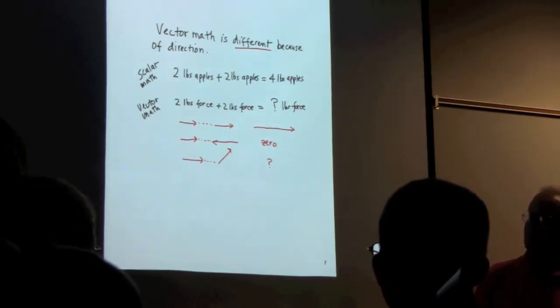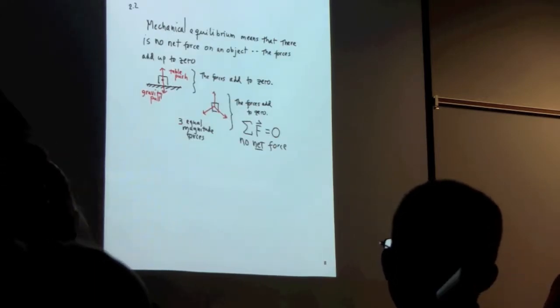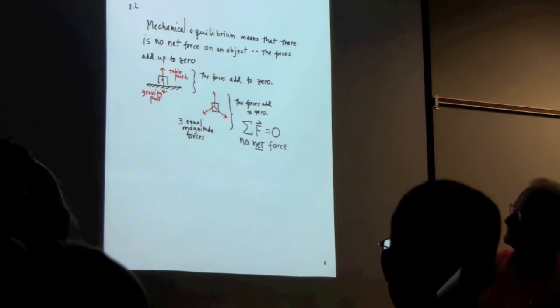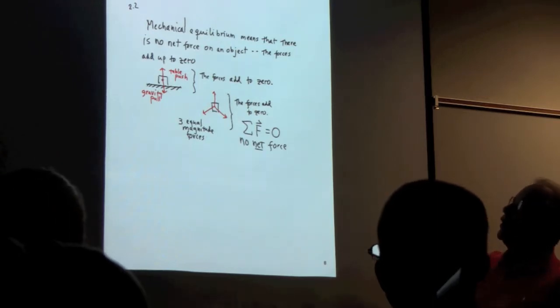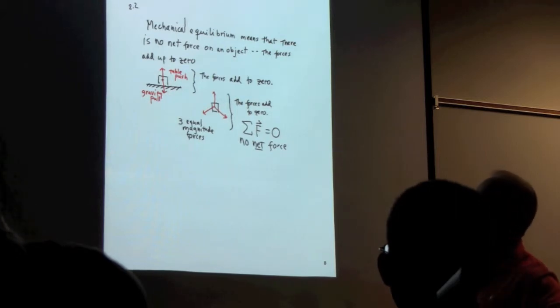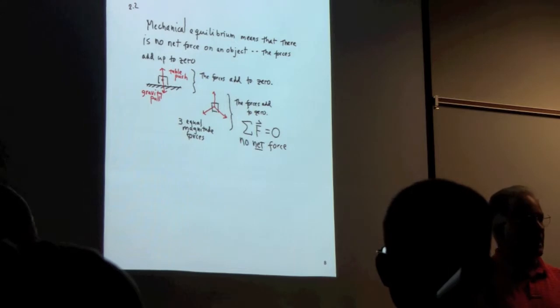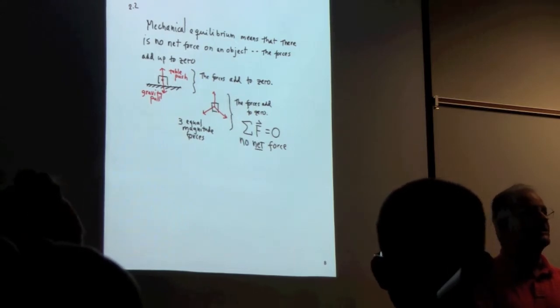But okay, we're not going to do a lot of math, so I don't want to do too much of that. Okay, mechanical equilibrium. It's when you have no net force, like we talked about, this bottle on the table, but you can also have something that's moving in a straight line at a constant speed.